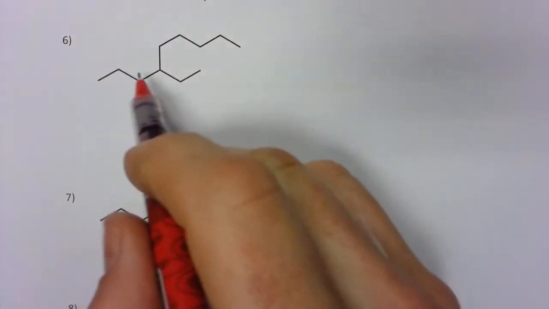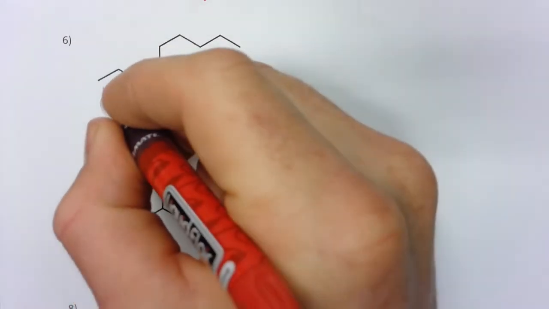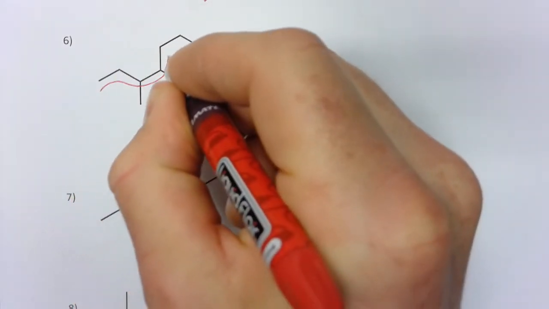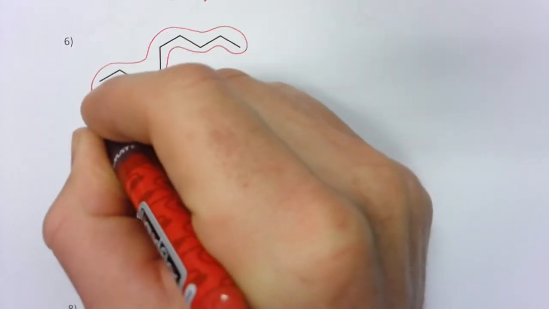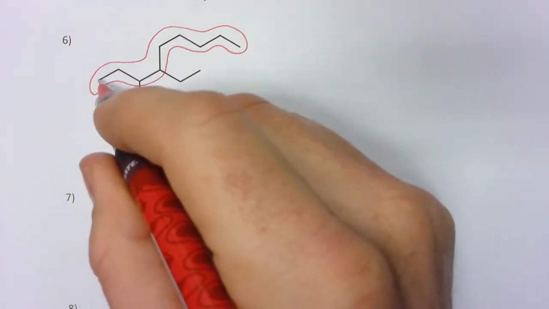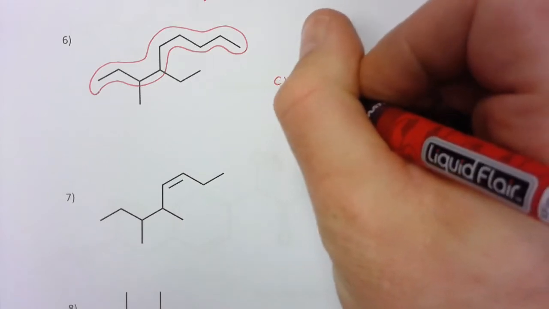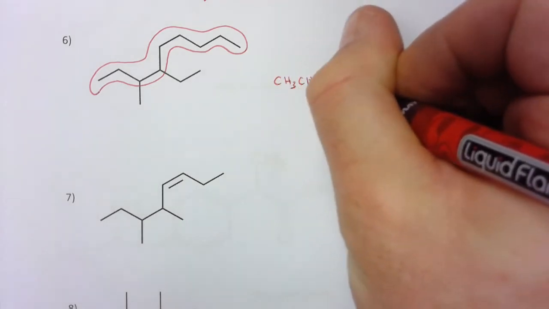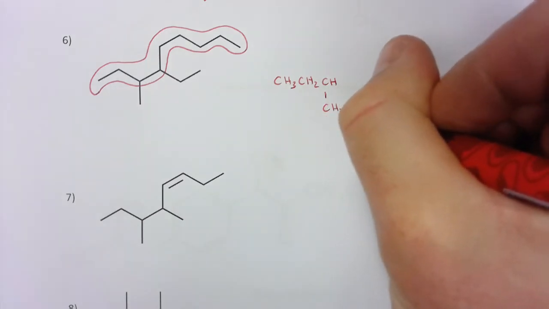So number 6, similar type structures to the last one. Parent chain in this one is a little bit more obvious, I think. Just goes like that. And then we're going to start from left to right. CH3, CH2, CH. And this has a methyl group coming off of it. Doesn't matter whether you draw these up or down.